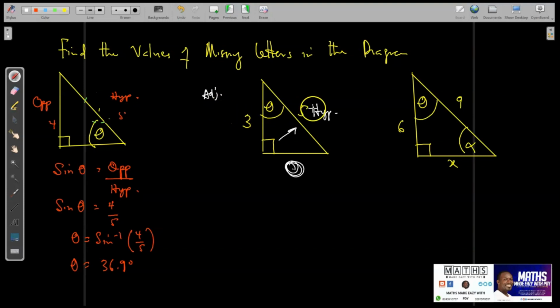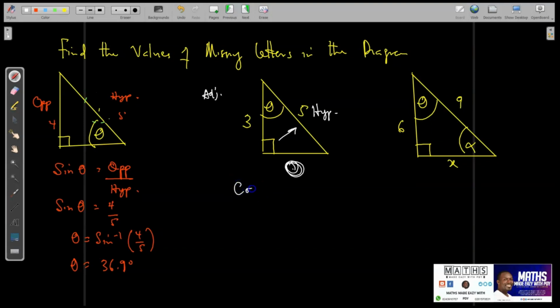Since we know the hypotenuse and the adjacent side, and we are looking for the acute angle inside, from our previous discussion, which two did we learn connects an acute angle, hypotenuse, and adjacent side of a right angle triangle? Sir, the cosine. Thank you.